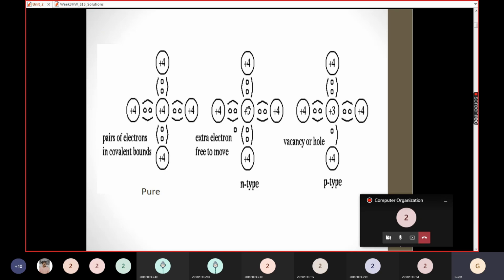But you can see in the P type, +3 represents the holes, +4 represents the number of electrons. So it is clearly indicated that one hole remains unpaired with the number of electrons here. So one hole cannot bond with the remaining electrons present in P type.